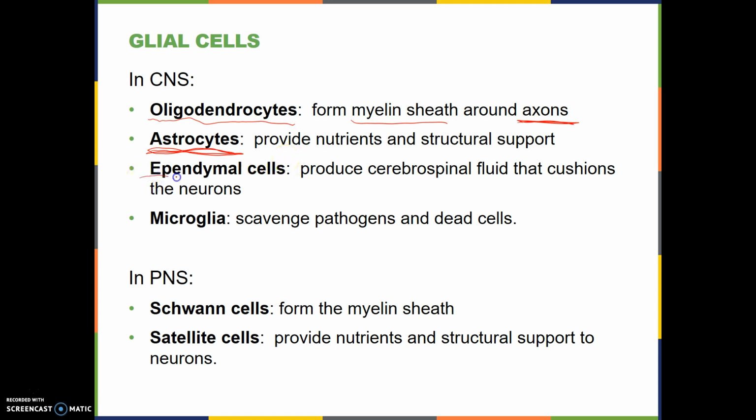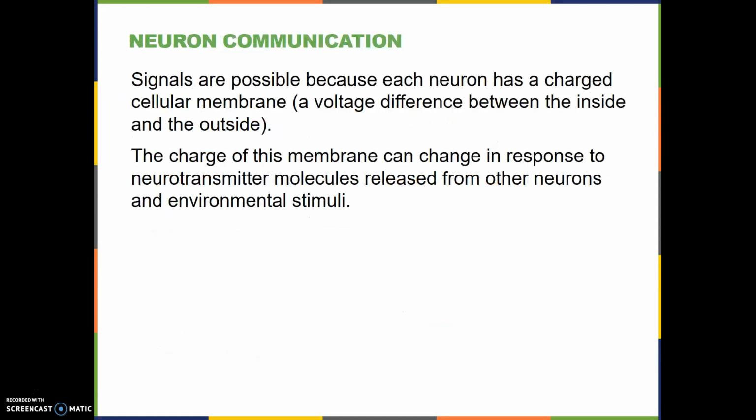The ependymal cells produce the cerebrospinal fluid, and the microglia are for defense, so they help protect against pathogens and toxins. And then in the peripheral nervous system, Schwann cells perform the same role as oligodendrocytes. They form the myelin, and satellite cells perform the same role as astrocytes. They protect the neurons from contacting the blood.